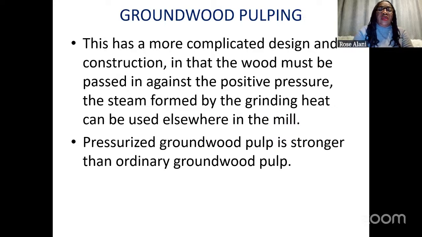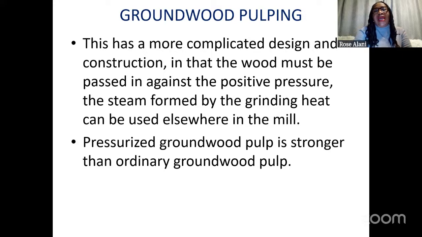So what I showed you has a more complicated design than that of ground wood. And the one that I showed you was the magazine. So the wood here must be passed in against positive pressure. The steam formed by the grinding heat can be used elsewhere in the mill. So pressurized groundwood pulp is stronger than ordinary groundwood pulp.